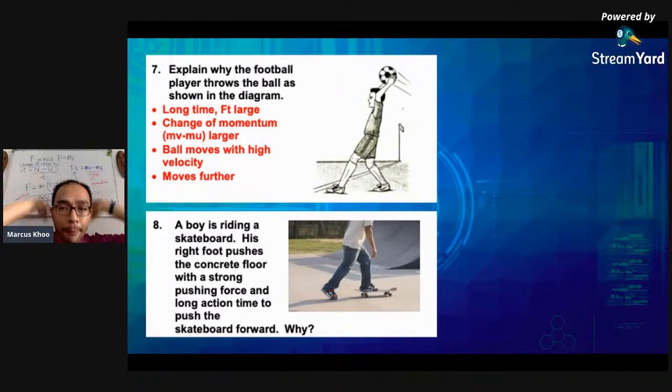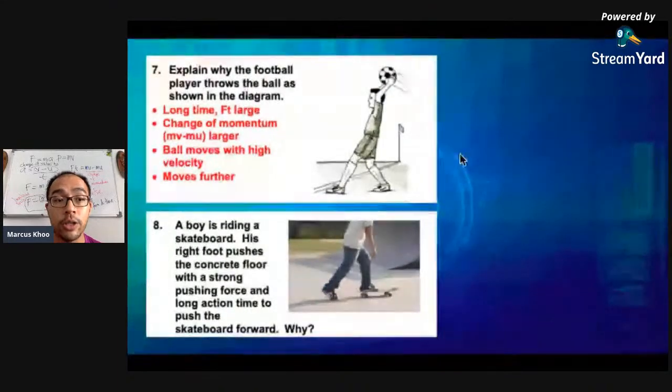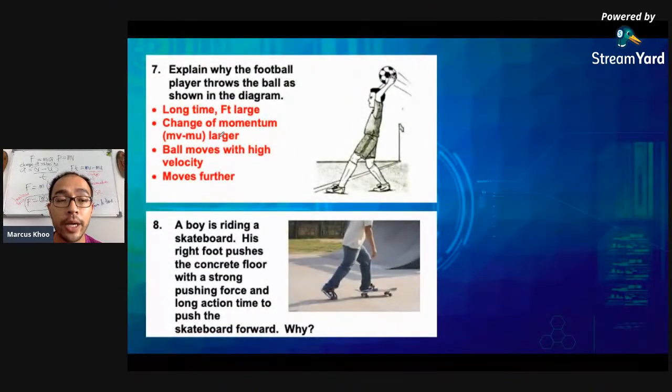You increase its speed. Therefore the ball will move with a higher velocity and it will move further. That's why the football player throws with his hand at the back. Anybody who plays ball with friends will know this.